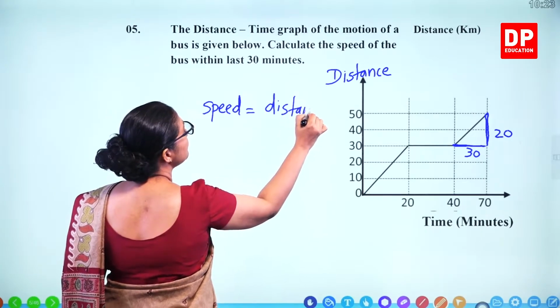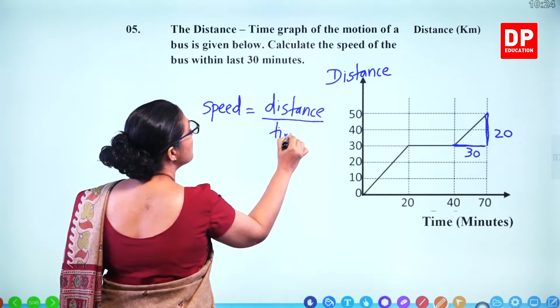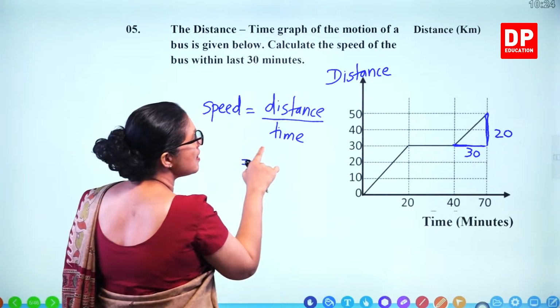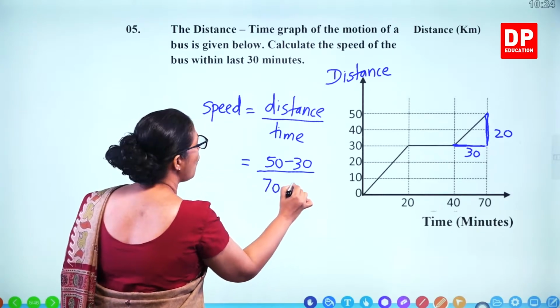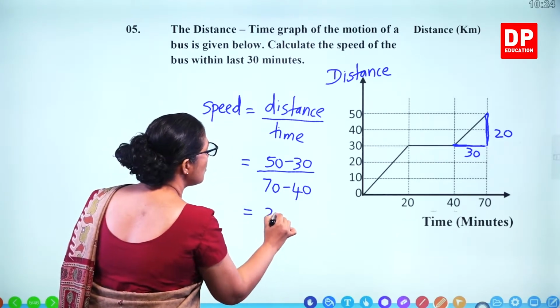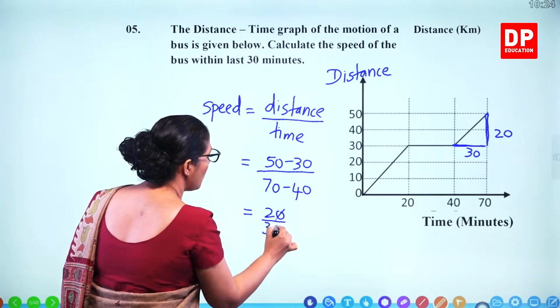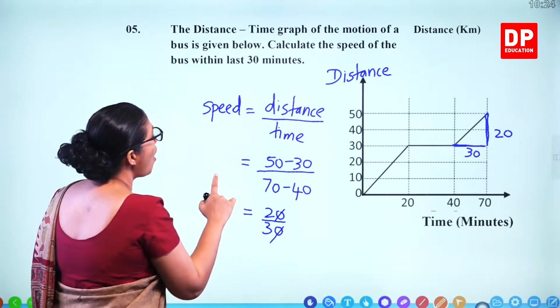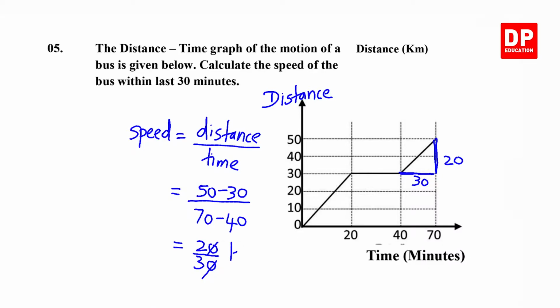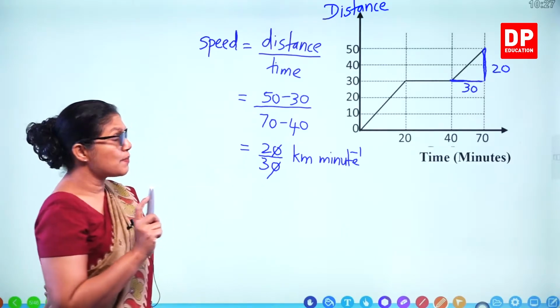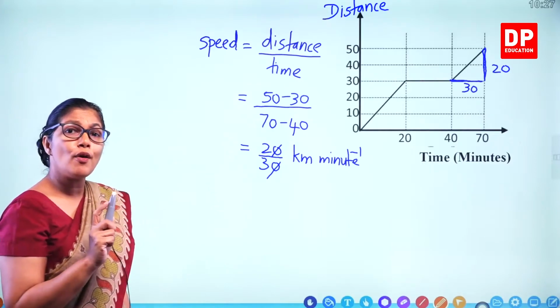Distance over time. Distance is 50 minus 30. Time is 70 minus 40. So you get 20 over 30, or you can write 2/3. This is in kilometers per minute. So we'll convert to kilometers per hour.